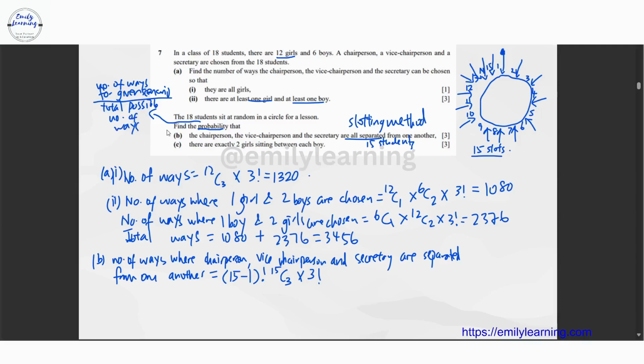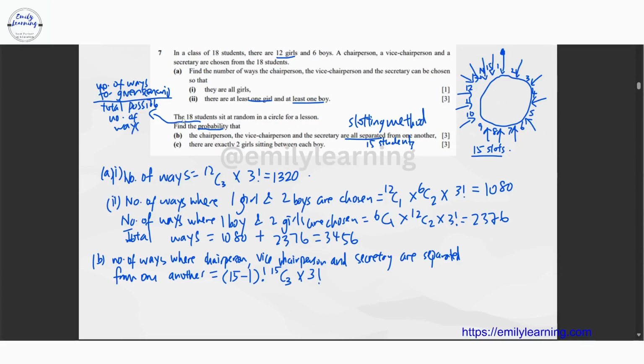So in this case, the numerator will be the number of ways for the given scenario, which is the chairperson, vice chairperson, and secretary are separated from one another, divided by the total number of ways of sitting the 18 students in a circle.